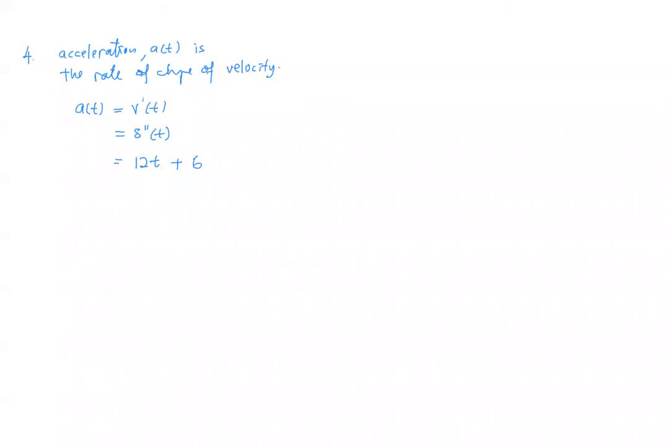Okay, so if you look here, t is always greater than 0. So 12t is always greater than 0, so 12t plus 6 is always greater than 0. So the acceleration is always positive.